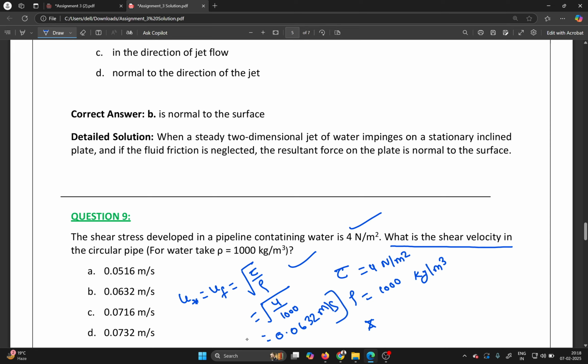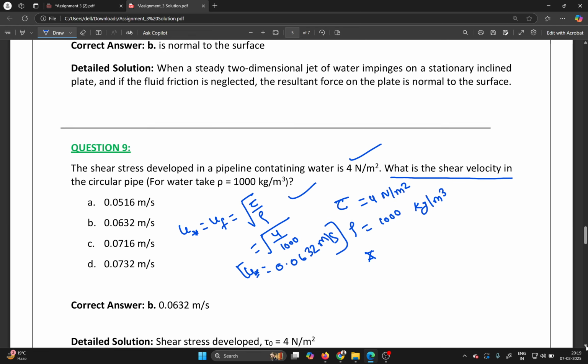Very simple, so like that you will calculate. Hope everyone got it. Question number 9 is done, so now we'll move on to the next question.